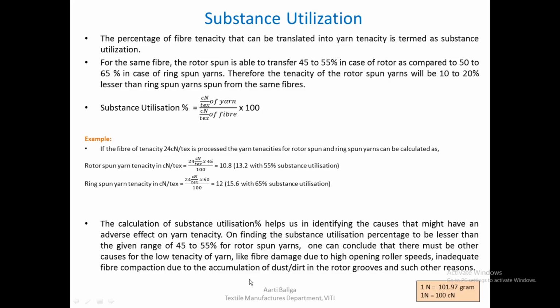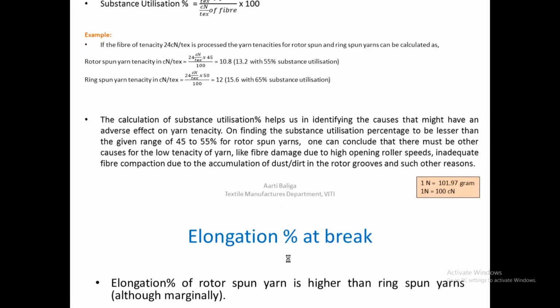So we can always calculate and then identify the faults or the defects because of which the yarn tenacity has gone down.